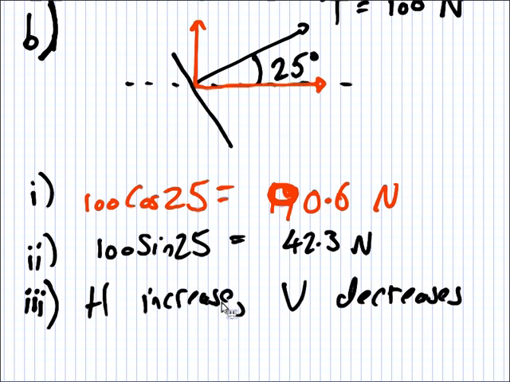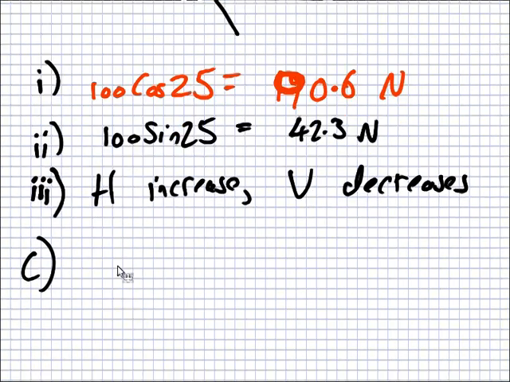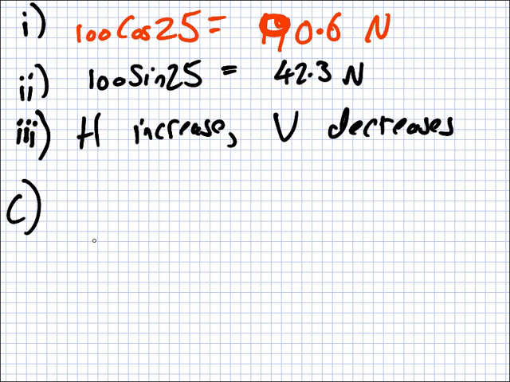C. A beam is attached to two narrow supports, X and Y. Oh, so it's like this, and it's hanging? It's an interesting picture.